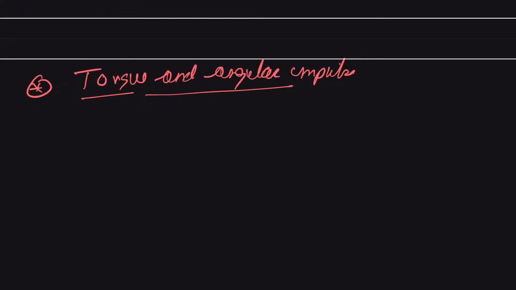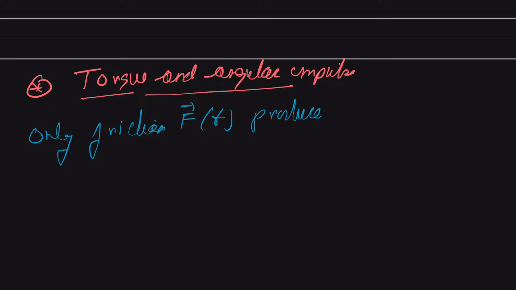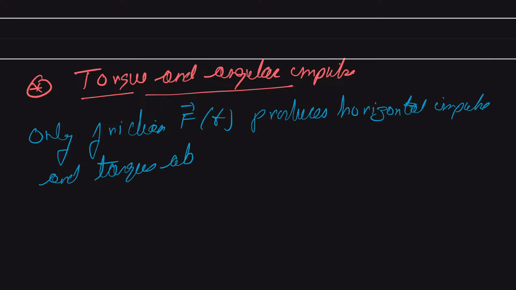Because there will be no other forces, only friction, that is our F of t, produces horizontal impulse and torque about the center of mass.